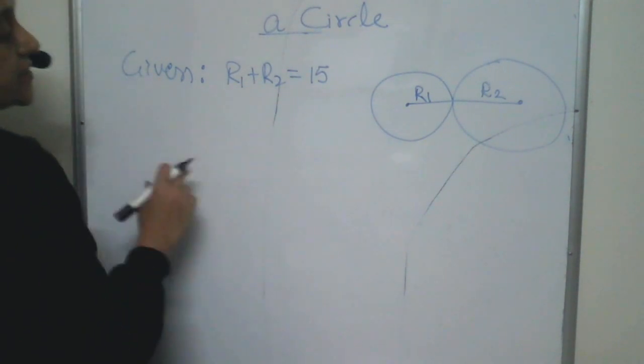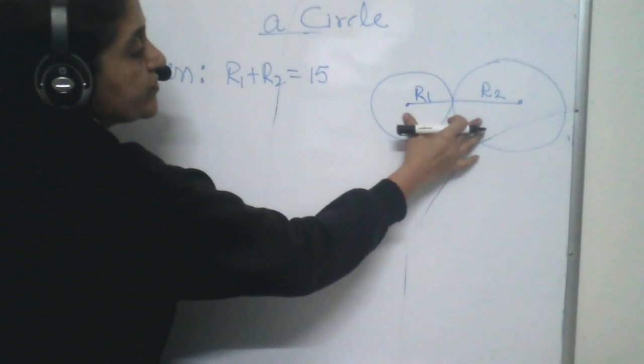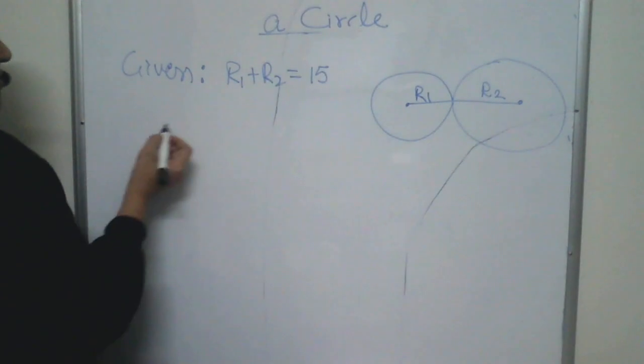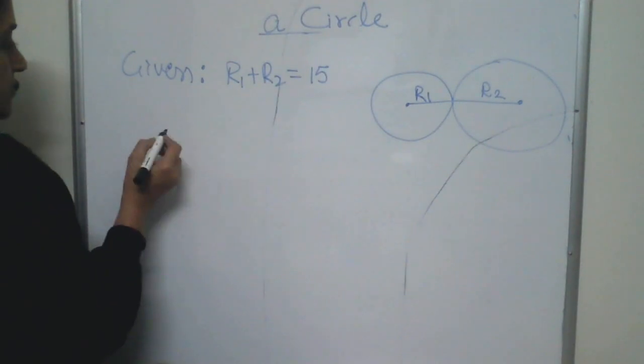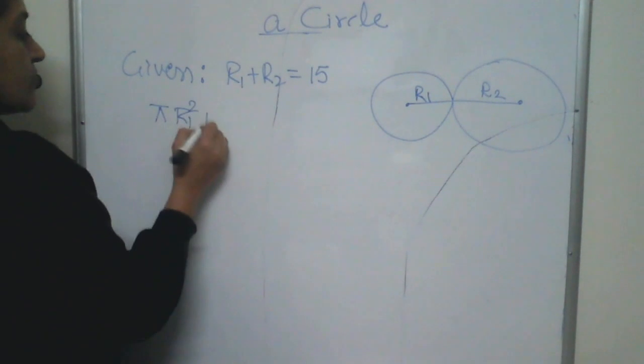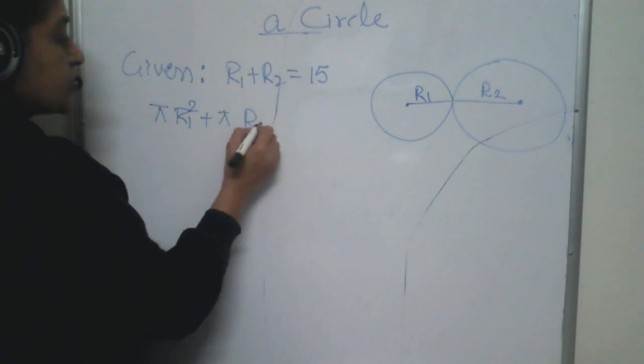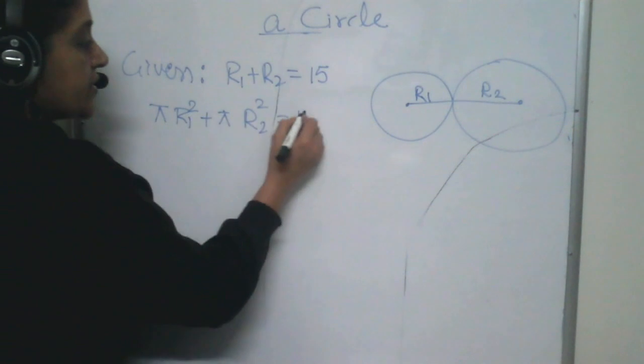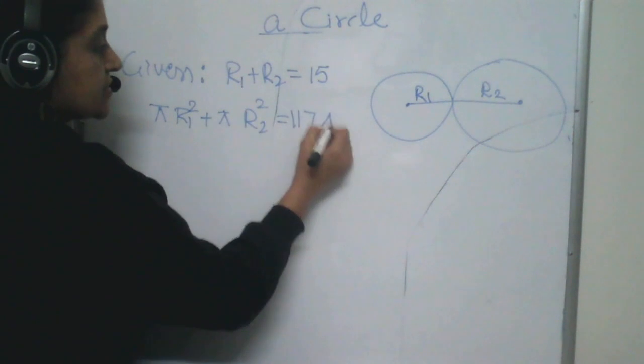Now it is said that there is a sum of their areas. The area of the first circle will be pi r1 square plus pi r2 square is equal to 117 pi. This is what is said.